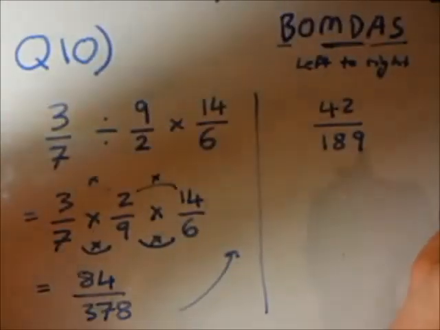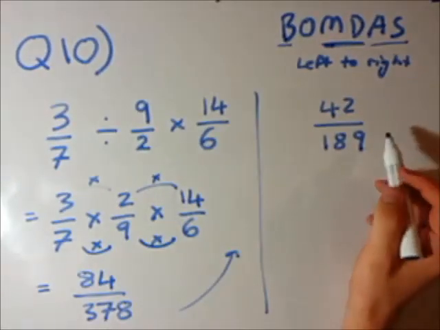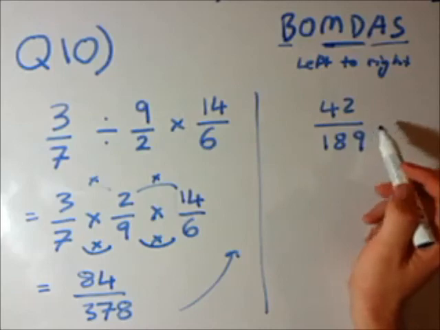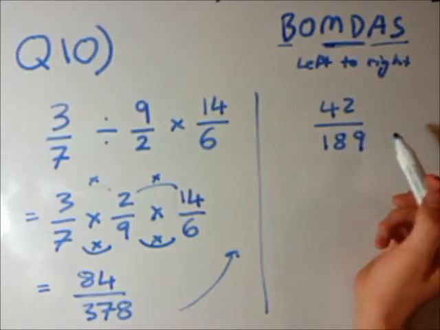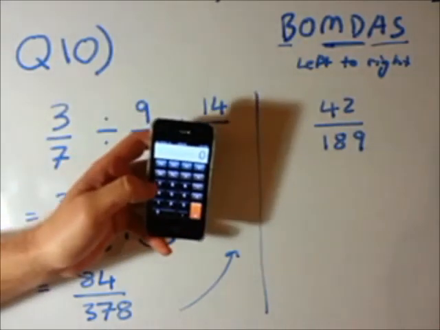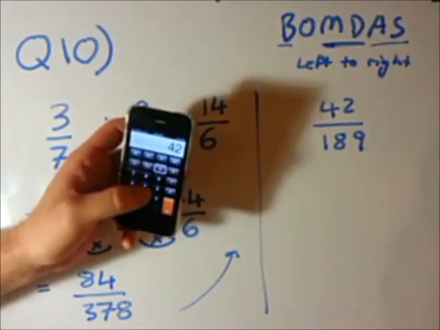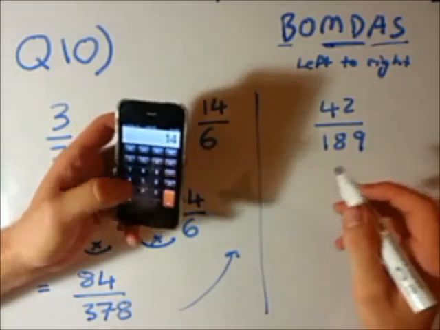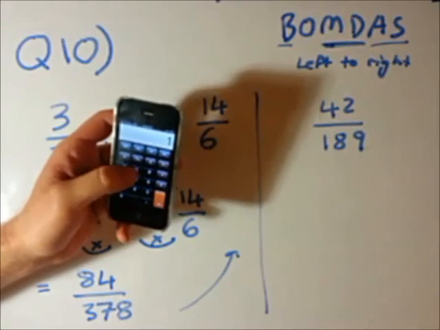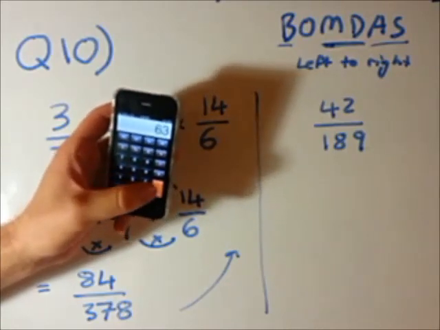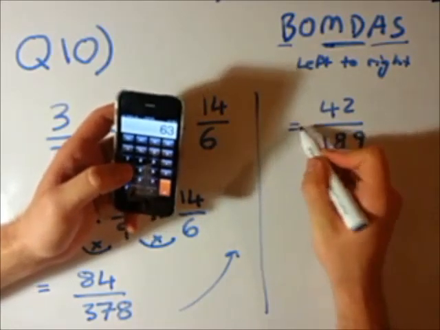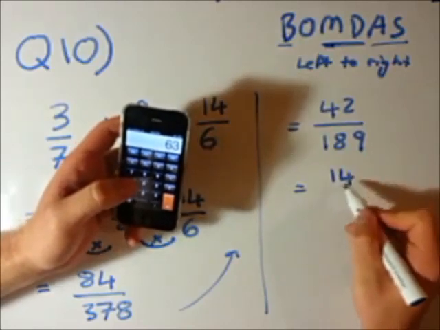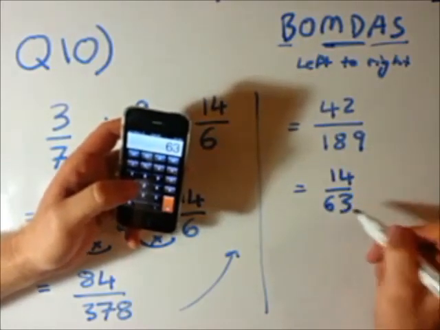Okay. So am I in its simplest form now? Well, I've got a feeling that 3 goes into 42 and 189. Let's just confirm that. So you've got 42 divided by 3 equals 14. And let's check the other one. Yeah, 63. So I'm still not in simplest form. 14 on 63.